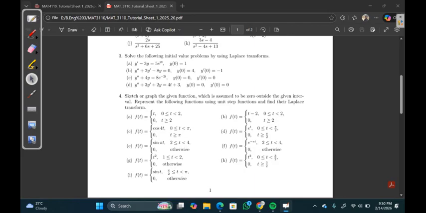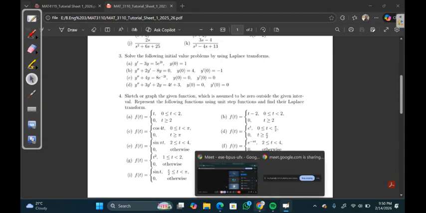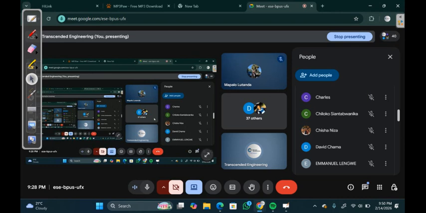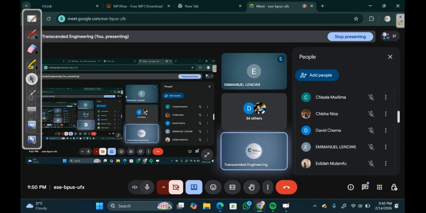Anyone? Anyone to pick a question? Question 3, there's A up to D. Which one are you going to use as an example?